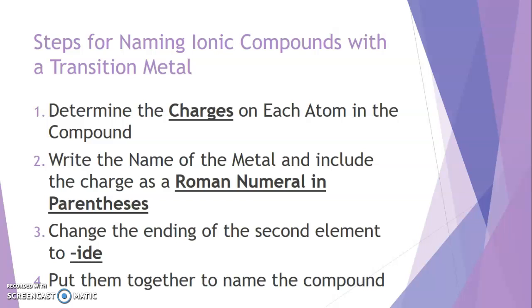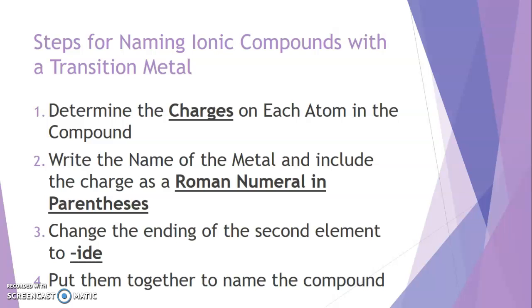Step 2, you're going to write the name of the metal and include the charge as a Roman numeral in parentheses. So you've got to look at whatever charge is on your transition metal, and then that goes in Roman numerals in the parentheses after the metal. Step 3, you're going to change the ending of the second element to -ide and then put them together.